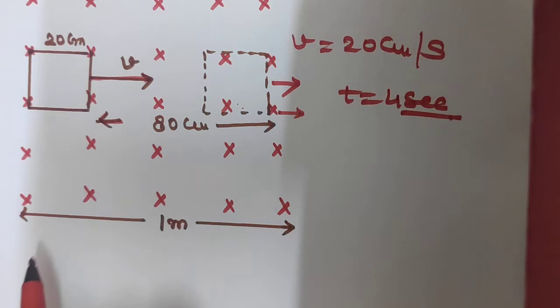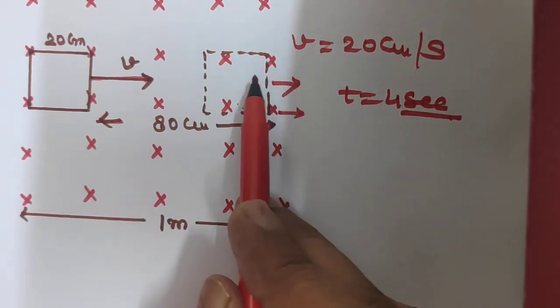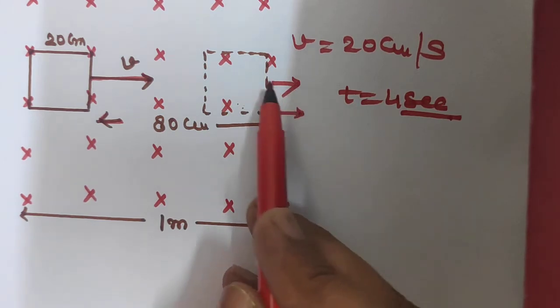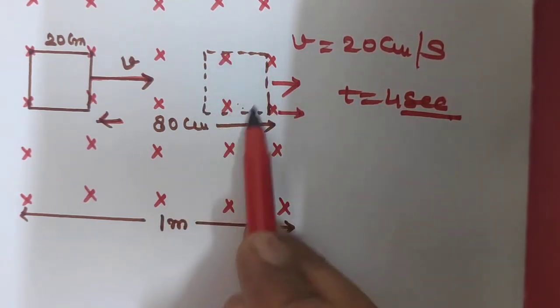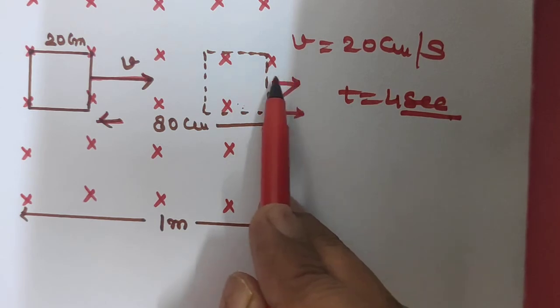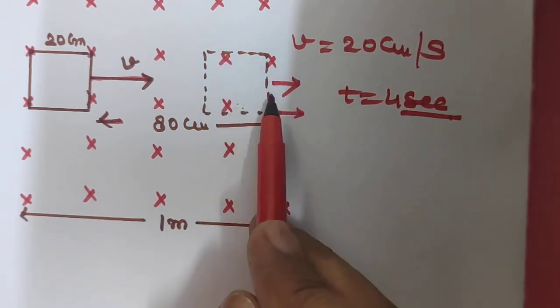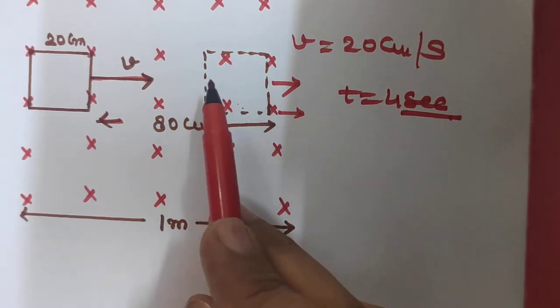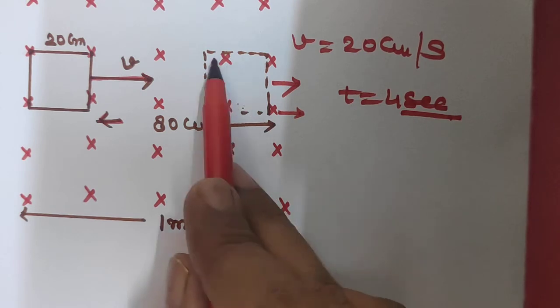When it comes out, what happens? The magnetic flux starts decreasing. Magnetic flux means the magnetic field passing through this coil normally. When it decreases, the current will be induced in such a way that it tries to increase the magnetic flux.